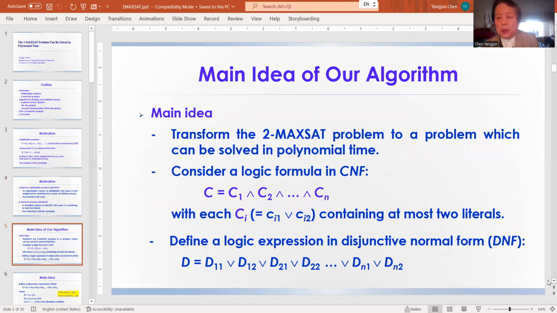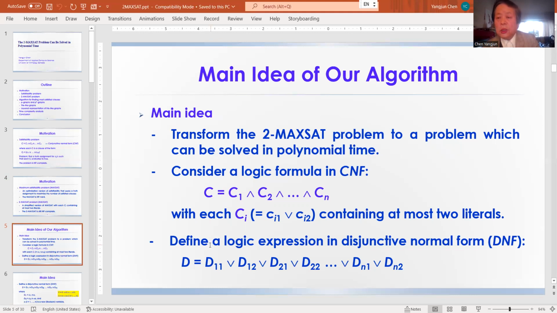The main idea of our algorithm is to transform the two-merge sort problem to another problem which can be solved in polynomial time. For this, we consider a logical formula in the conjunctive normal form, something like this, with each Ci containing at most 2 letters.